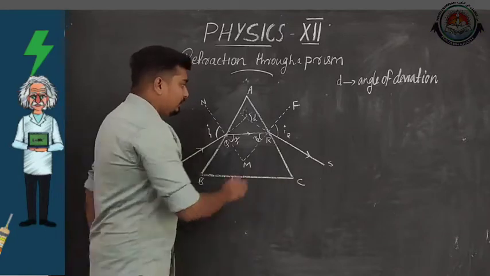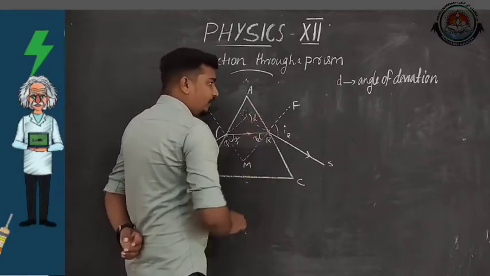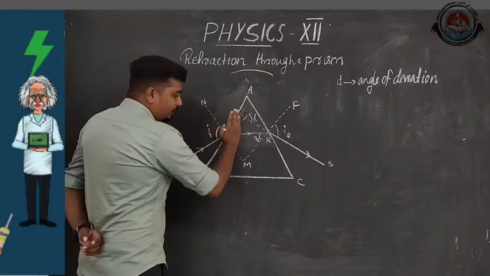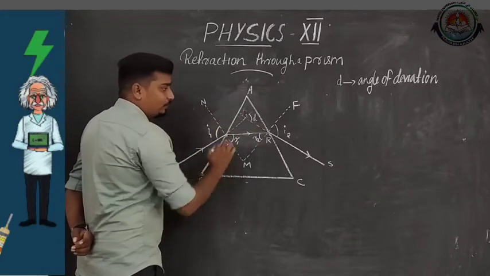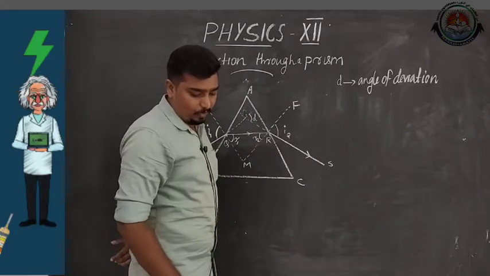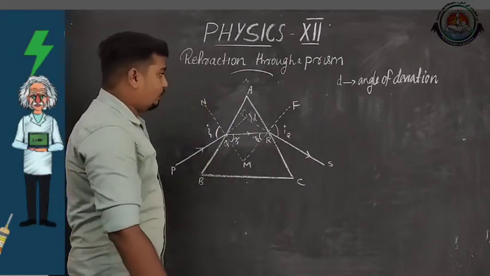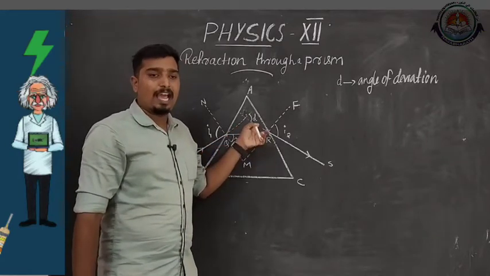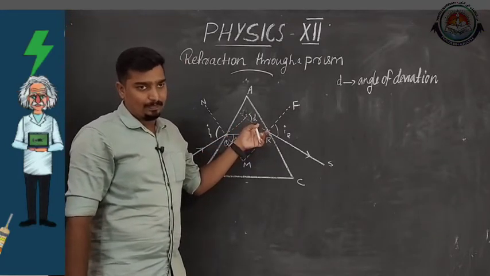And this D is the angle of deviation, that is, how much this light ray is deviated. Next we are going to derive this angle of deviation.